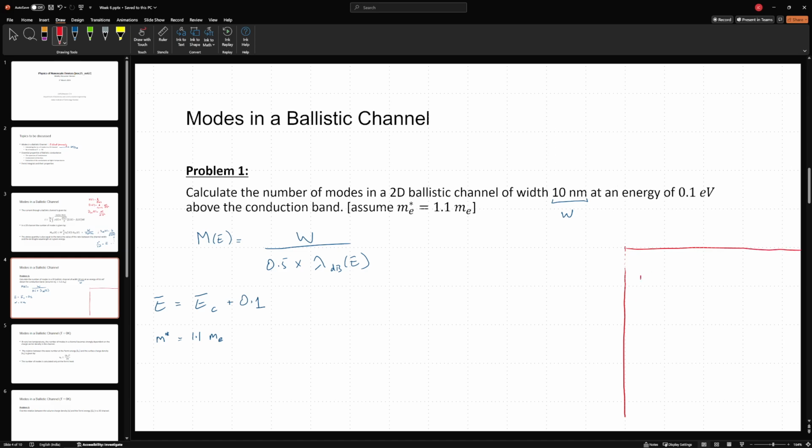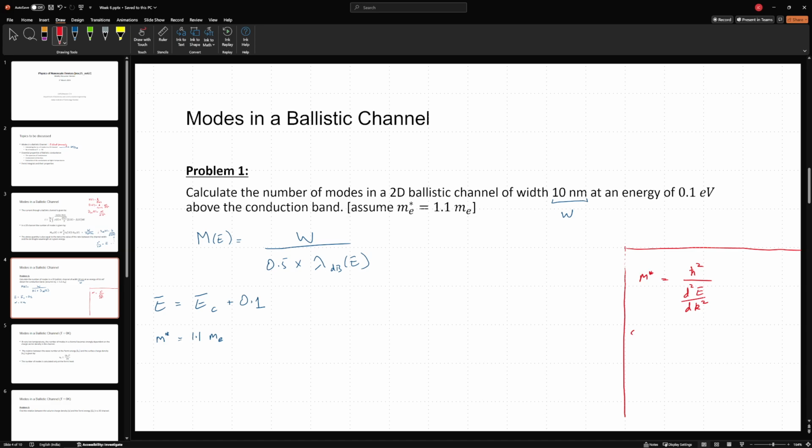We know m star is going to be h bar squared divided by d squared E upon dk squared. This expression is something that we know. But what is the meaning of this? What does this give me?